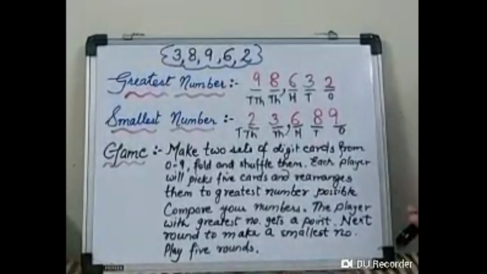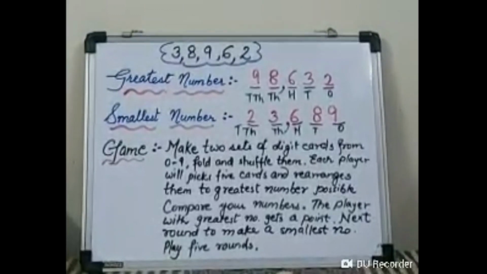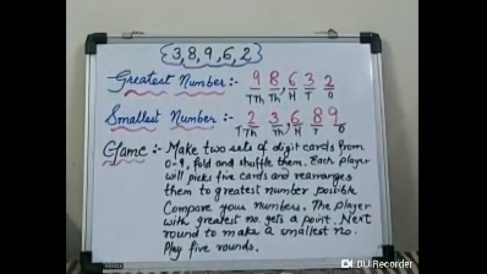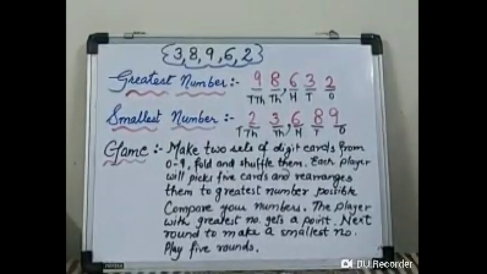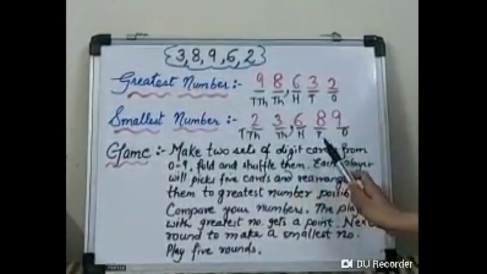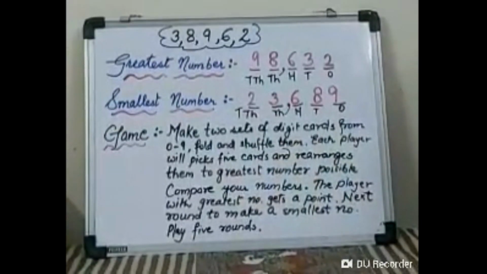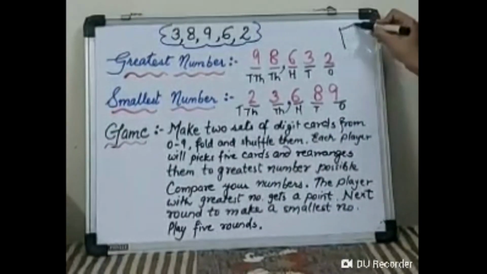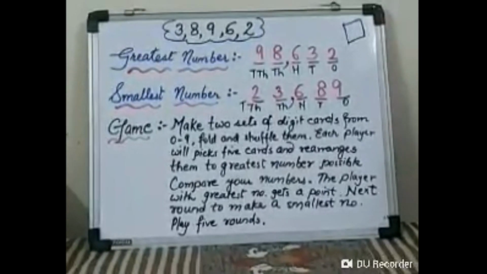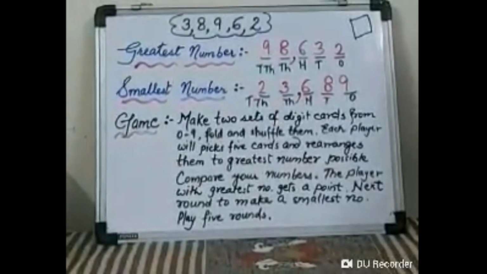Now, I'm sure children, you are getting bored since you don't have anything to do at home. So, at home only, you can play a game. Let us discuss that game. What you are going to do is make 2 sets of digit cards from 0 to 9. You are going to take a square shaped paper and write down one digit on one paper.